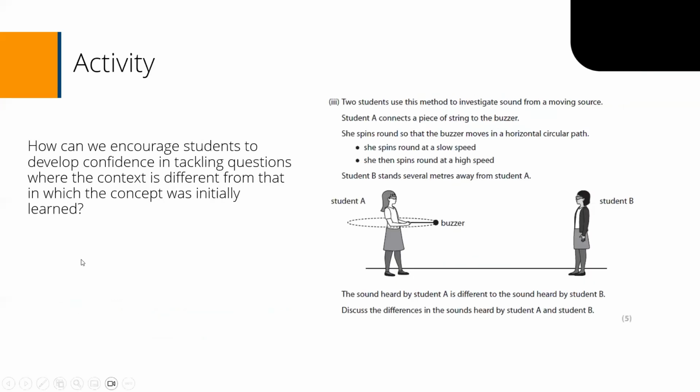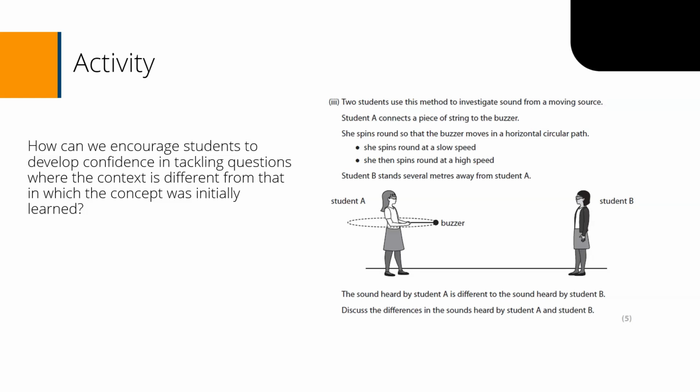Okay, so the question I'm asking you, how can we encourage students not to tackle this particular question, but to develop confidence in tackling questions like this one, where the context is different from that in which the concept was initially learned? You will have taught, or by the time you finish this part, the topic of the specification, you will have taught students about the Doppler effect, about the way in which sound waves coming towards the hearer have a different pitch, a higher frequency than sound waves moving away.